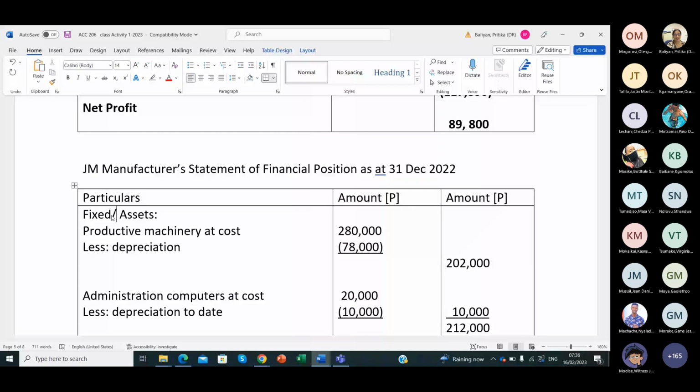You have to look in the question. There are two types of assets mentioned: the productive machineries and the administration computers. So we have two non-current assets.